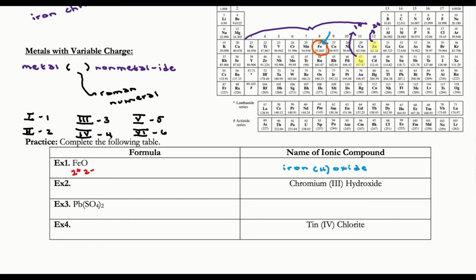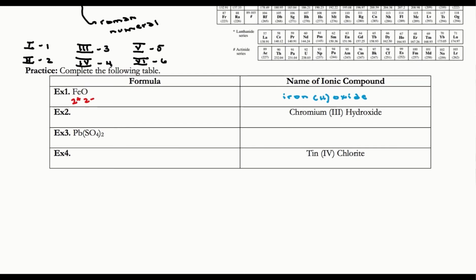All right, so for chromium(III) hydroxide, by giving you the name of this compound, I've now told you the charge of chromium, because otherwise I wouldn't know it, because it is a transition metal. So chromium here, I tell you in the name, its charge is 3+. And then I give you hydroxide. Remember, the formula for hydroxide is OH, and its charge is 1-.